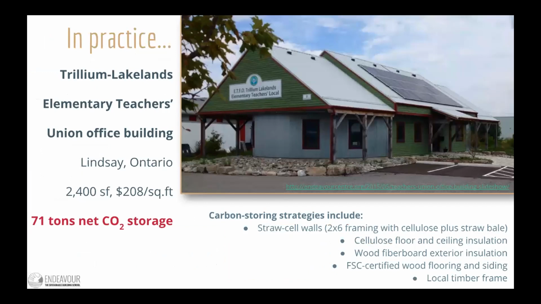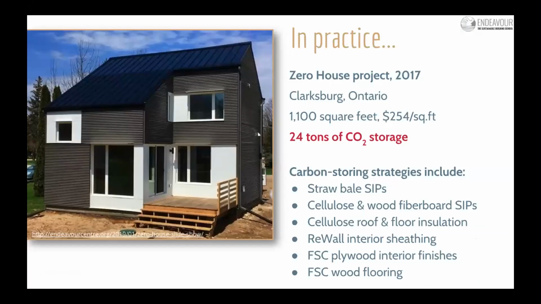Very quickly, a couple of buildings that we've built with our school, just to give you a sense that this isn't make-believe, but that people are building this way now. This is an office building in Lindsay, Ontario, that had 71 tons of net CO2 storage in its 2,400 square feet. And here's our little prefab house, and it's storing 24 tons.